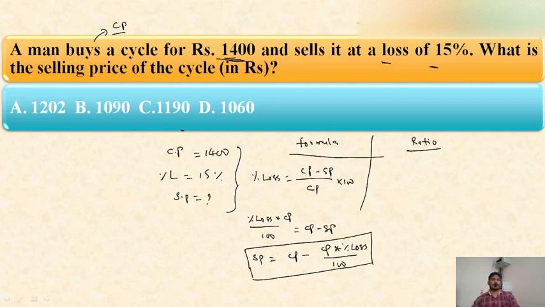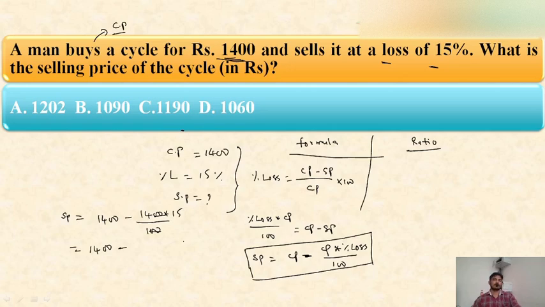If we want to solve by using the formula, let us substitute the values. Selling price will be equal to cost price given as 1400 minus 1400 into 15 divided by 100. Two zeros and two zeros get cancelled. 1400 minus 14 into 15, you need to calculate.